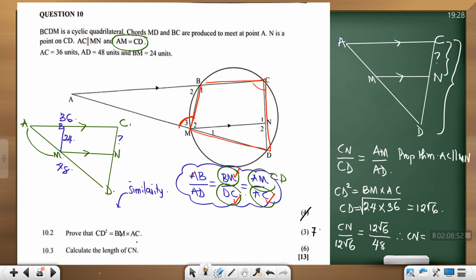You've got to write it down. Sometimes you just get it at once, like your first attempt, boom, and then you move on. But if you don't write it down, we're going to struggle. What's your answer? 18. 18 units, right? Yeah, 18 units.